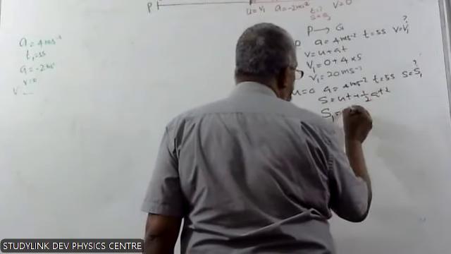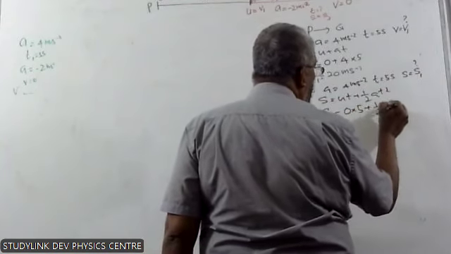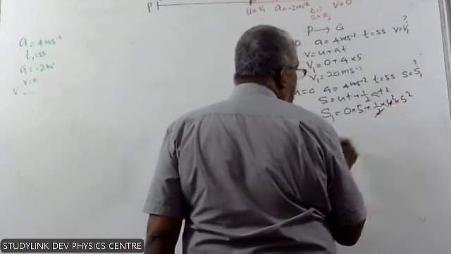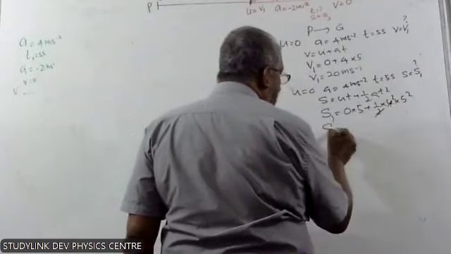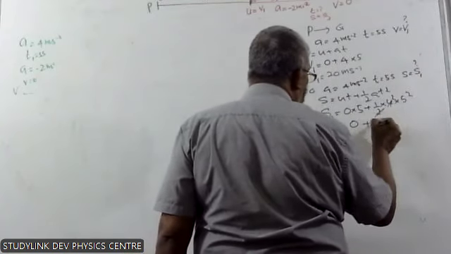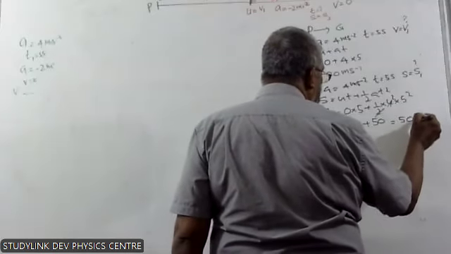S1 is equal to 0 into 5 plus half into 4 into 5 squared. Then S1 is equal to 0 plus 25 into 2, 50. So S1 is equal to 50 meters.